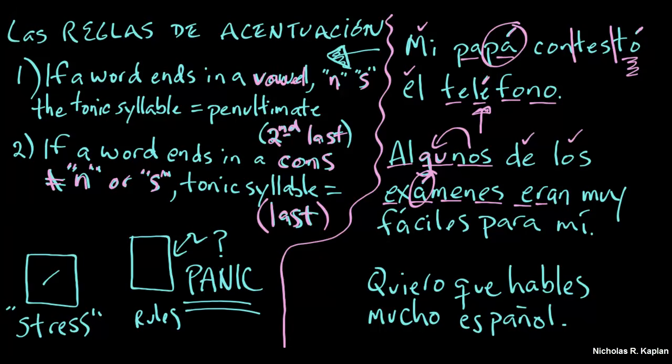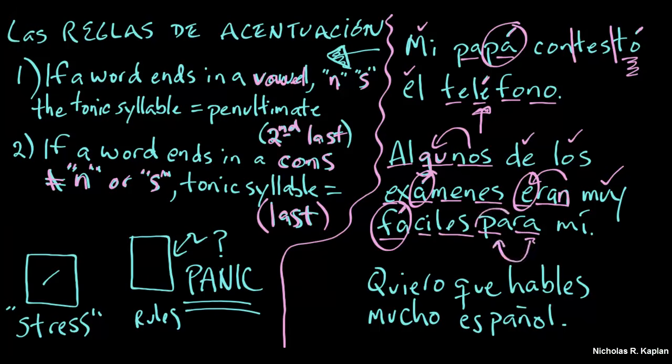Eran. Stress on the first or the second? Ends in a vowel N or S. So it is the second to the last syllable. So we count back. 1, 2. There it is. Muy. Forget about it. Fáciles. There's the accent. There's our stress. When they have the accent, life is good. Para. Ends in a vowel, so we count back 1, 2.